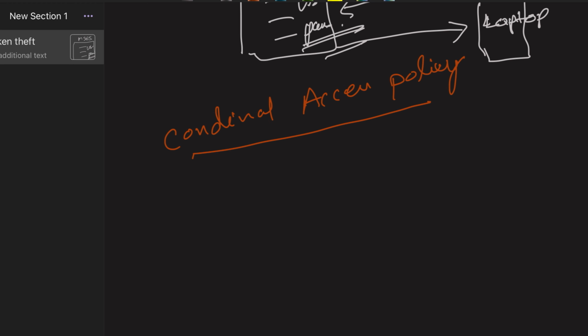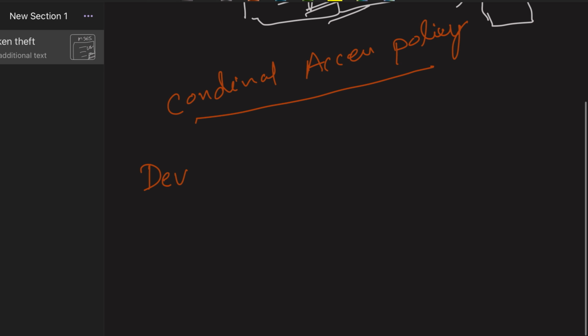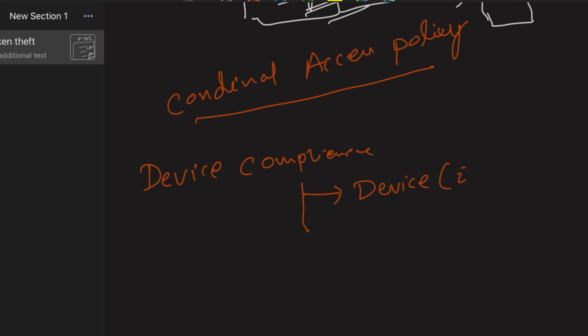Now, which conditional access policies are there? There is a conditional access policy named device compliance. You need to create a conditional access policy named device compliance, then set the conditions, such as which device you need to protect. Let's say I need to protect my iOS, I need to protect my Windows, etc. These kinds of devices you can protect, and also which applications.